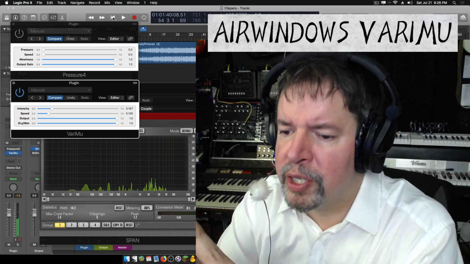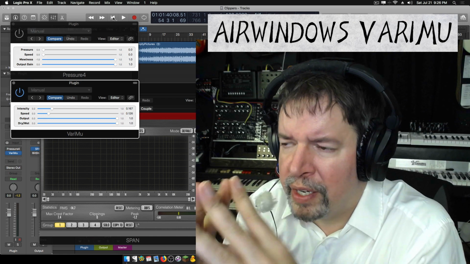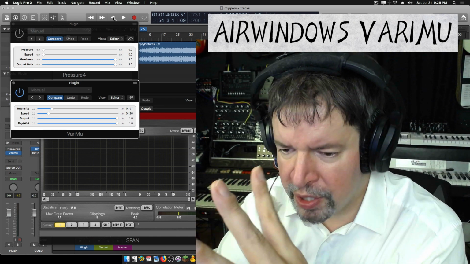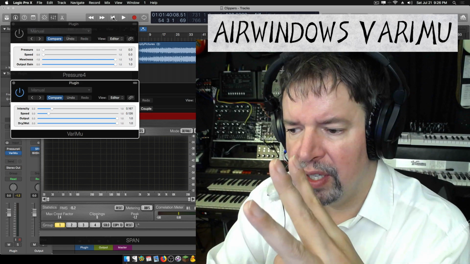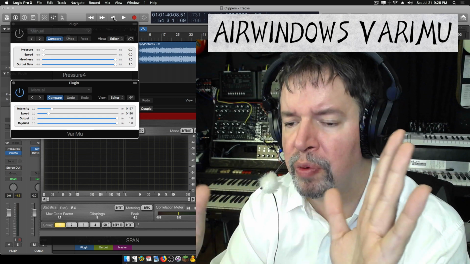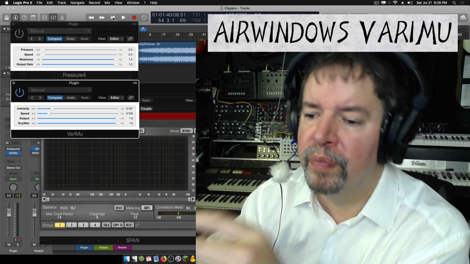The way that a bus compressor works on this kind of thing is it kind of reshapes what the bass is doing, because the really deep low stuff wants to sort of wobble around at very low frequencies, and the compressor is going to tend to restrict that, bring it in.